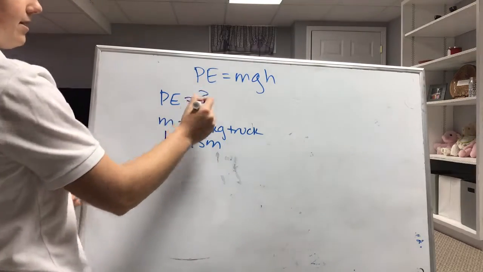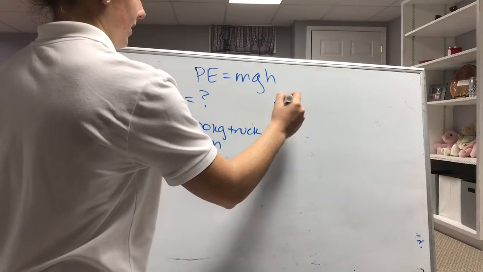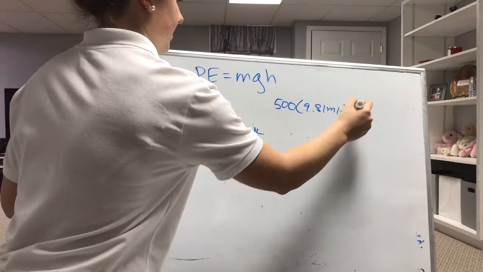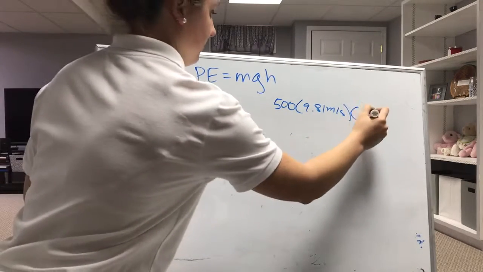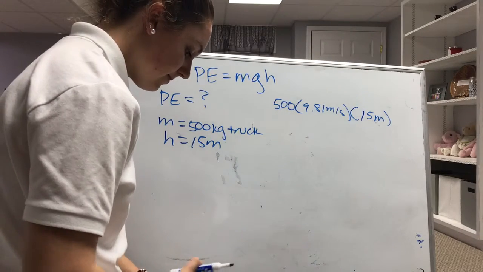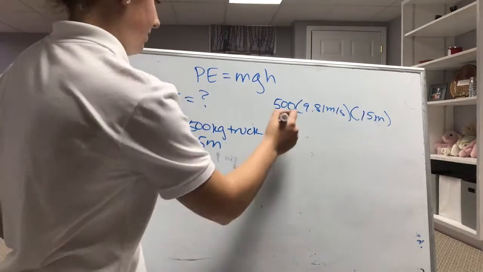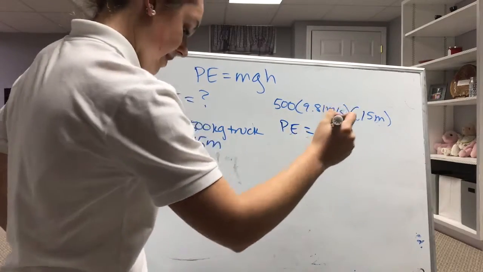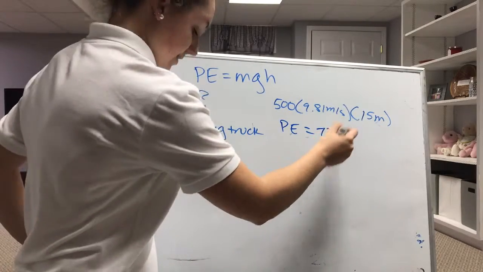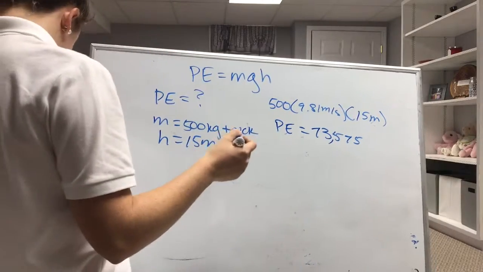We need to find the potential energy. So mass, 500 we plug in, times 9.81 meters per second squared, times the height of 15 meters, and we can say that the potential energy is equal to 73,575 joules.